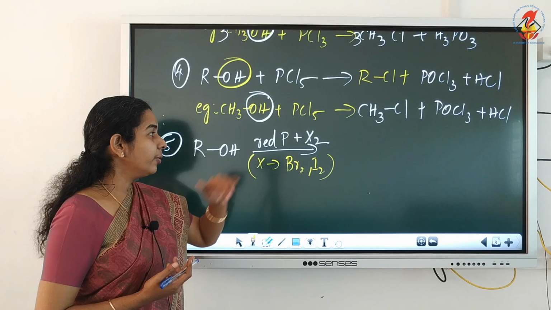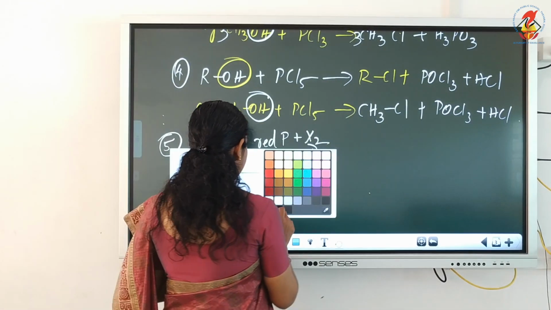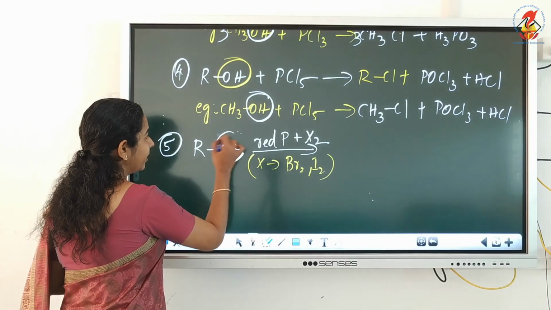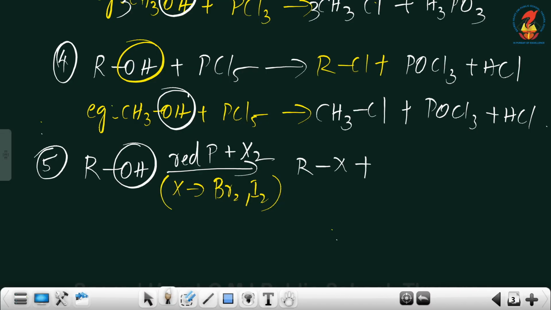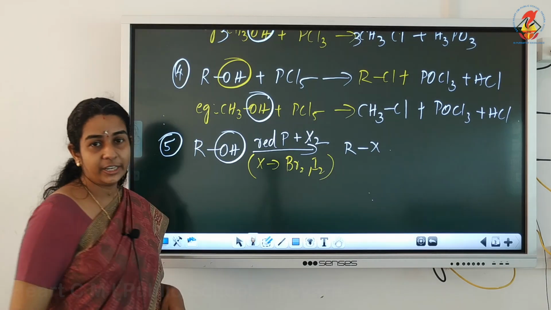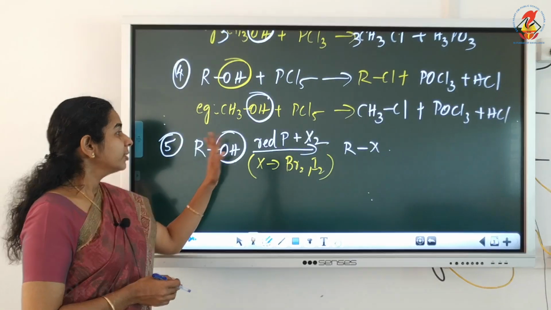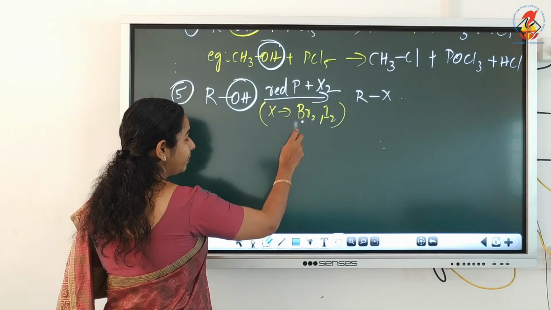So alcohols on reaction with red phosphorus and X2: whatever is the X, OH will be replaced by X. So we get RX. No need to write the byproduct here because we are writing the reagent above the arrow. Whatever X2 we are using, OH will be replaced by that X.